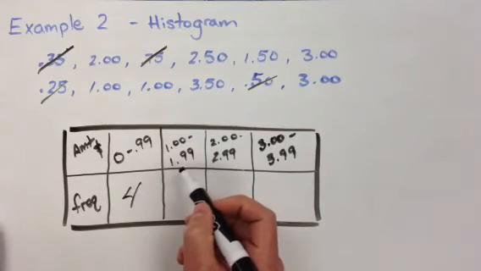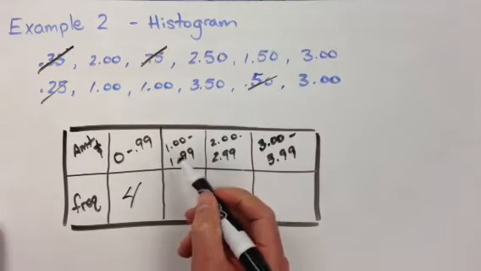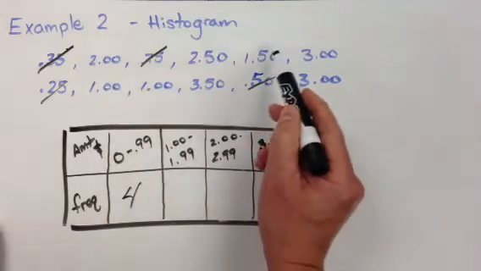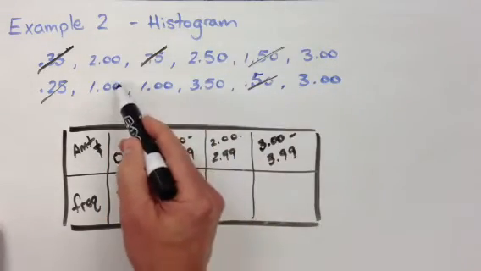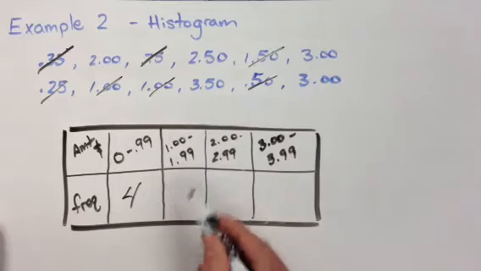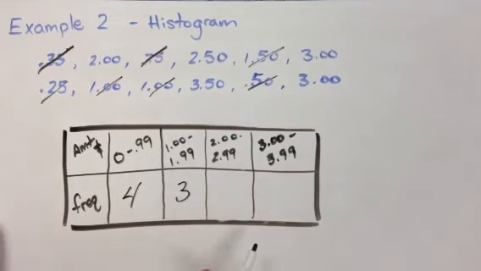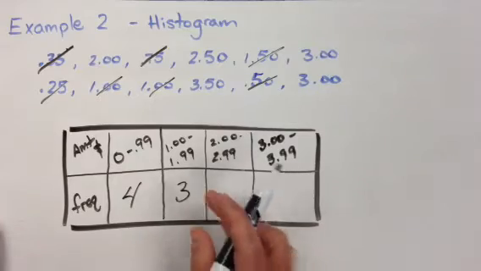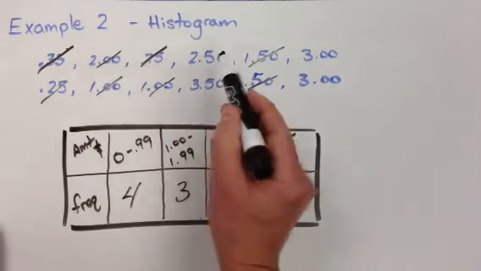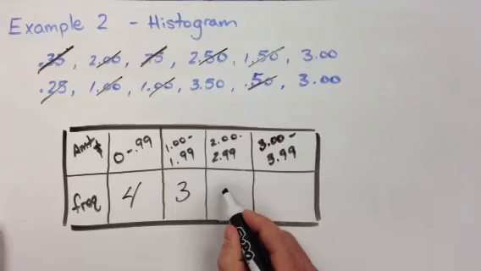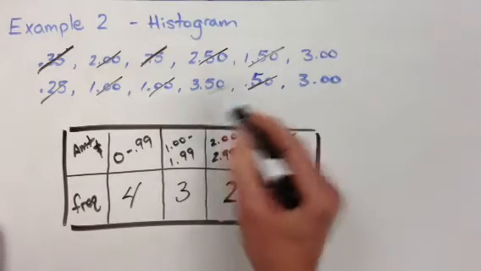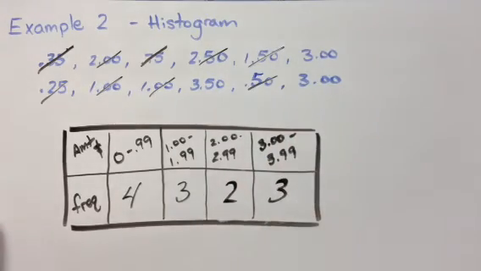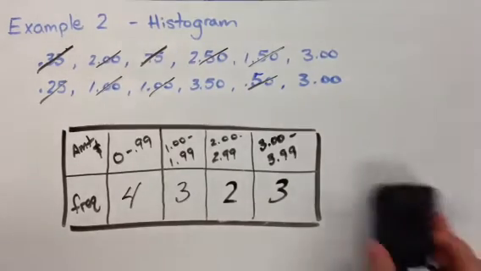Okay, for $1 to $1.99, there's 1, 2, 3 times that occurs, so I'll put a 3 there. $2 to $2.99, 1, 2, just 2 times, and so the last one must be 1, 2, 3, 3 times that occurs. Okay, so from this we can now move on and make a histogram.